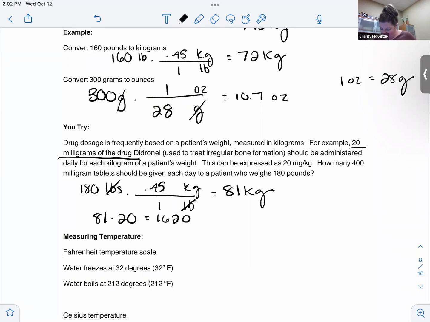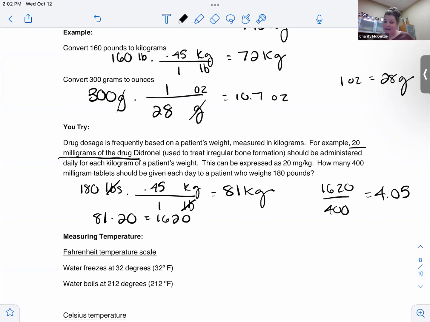And then we have 400 milligram tablets, so I'm going to divide 1620 by 400, and I get 4.05.